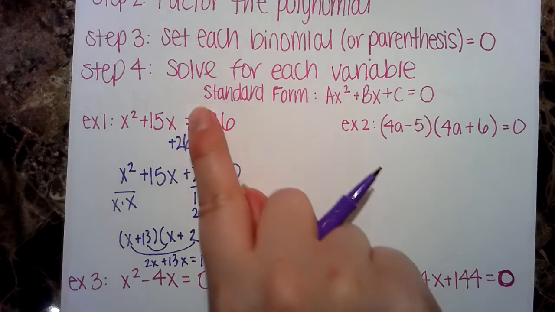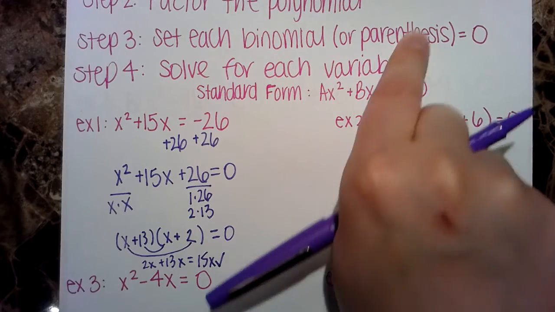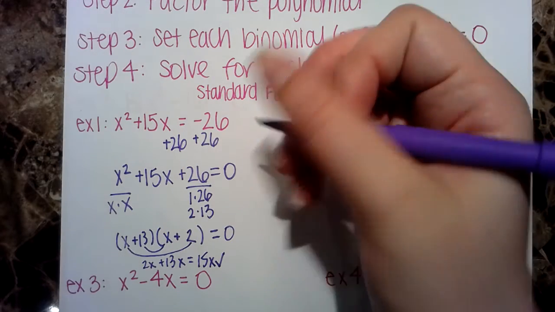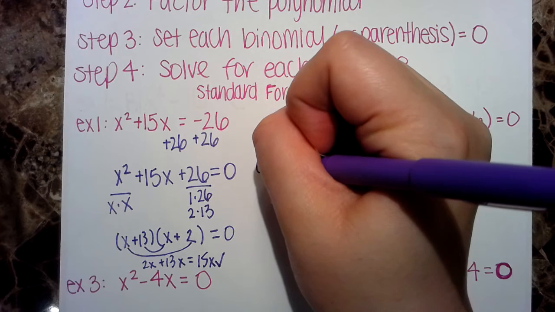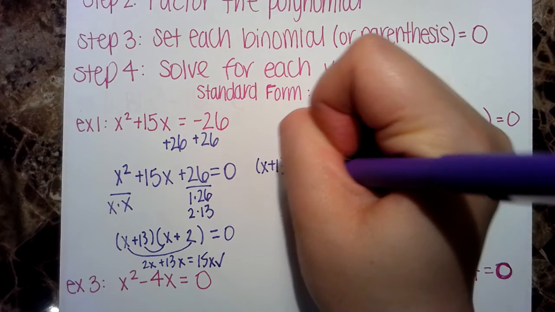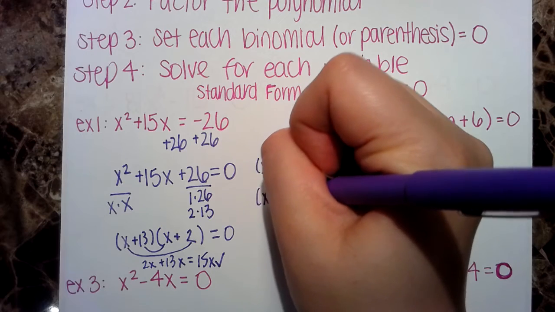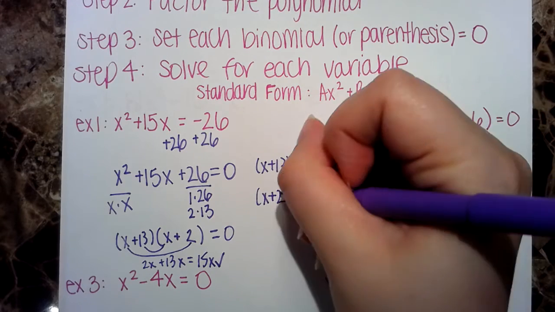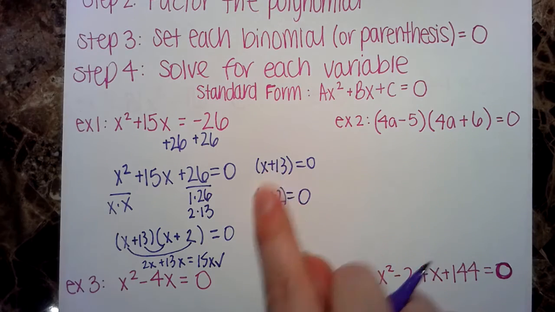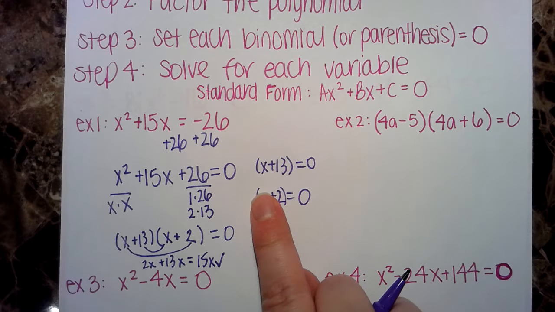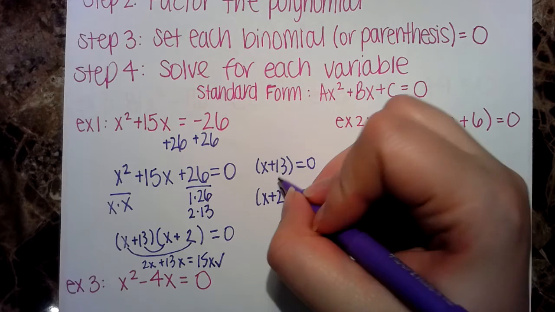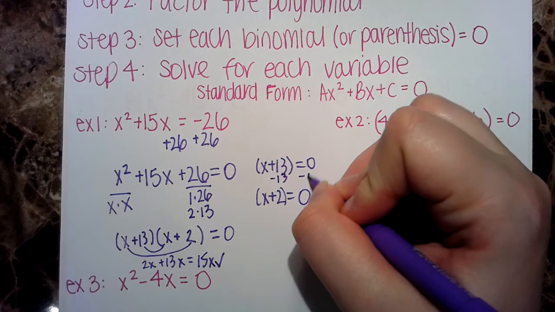Now, the final step is set each binomial or parentheses equal to 0. So I'm going to take x plus 13 and set it equal to 0, and I'm going to take x plus 2 and set it equal to 0. Now, you can actually drop the parentheses if you want to, and then just solve for x. So I'm going to subtract 13 on both sides.